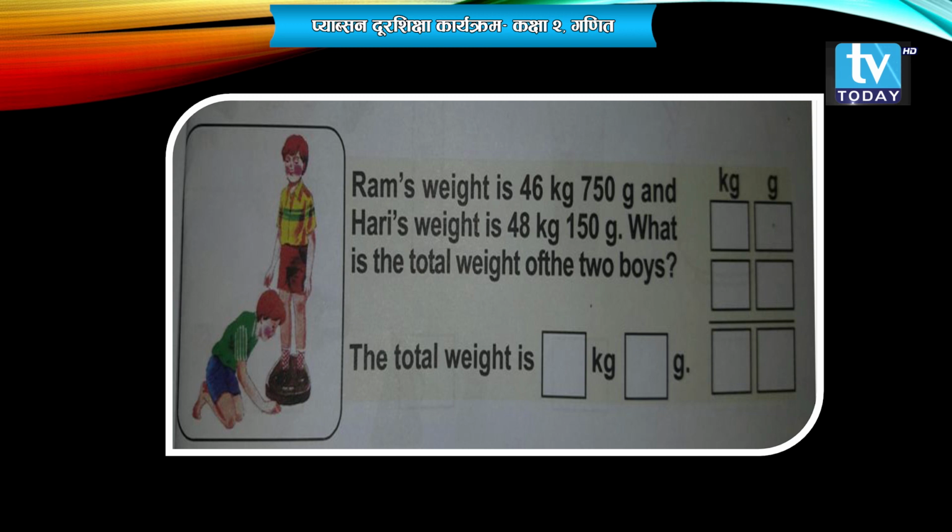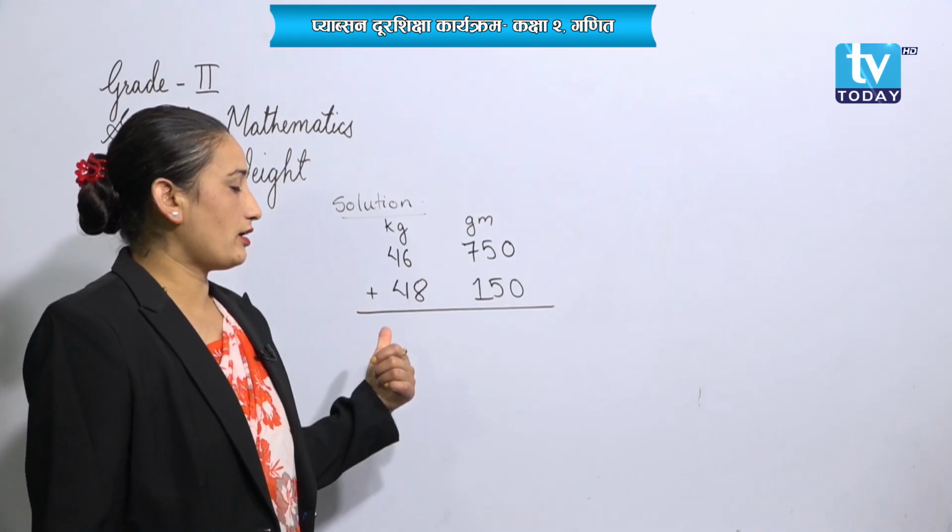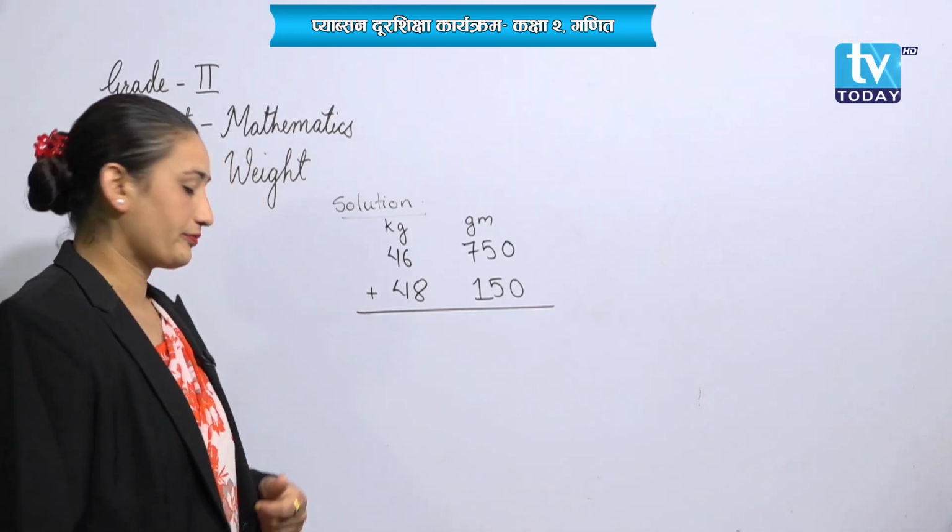Ram's weight is 46 kg 750 gram and Hari's weight is 48 kg 150 gram. Then you need to find out the total weight of both of them. What is the total weight of Ram and Hari?